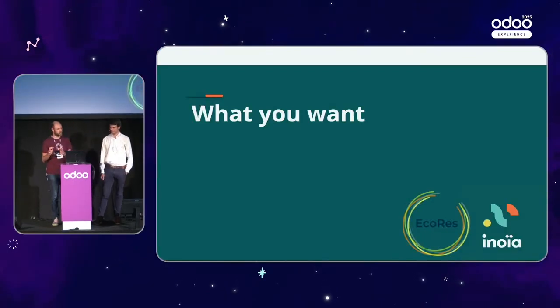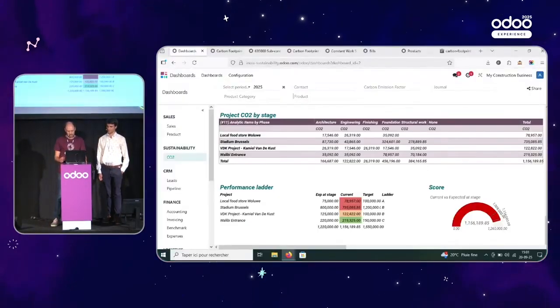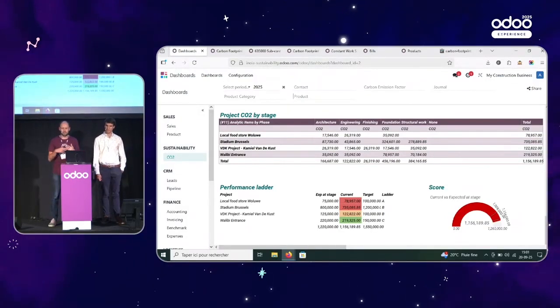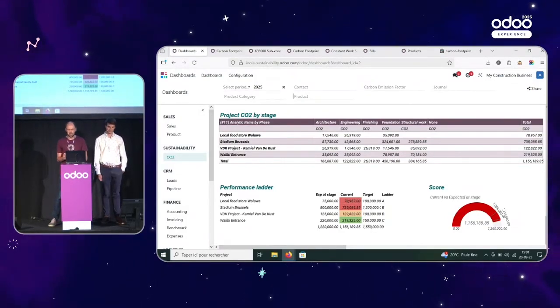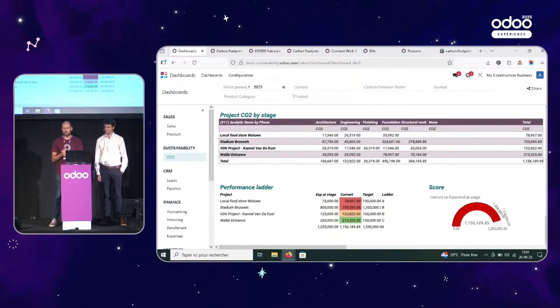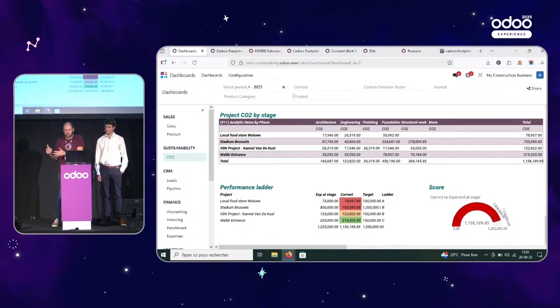So let's start with what we want at the end. We are in the construction industry. So to drive the business and decarbonize the activity, the decision makers need a very good picture of where the company stands in terms of CO2 in the projects.